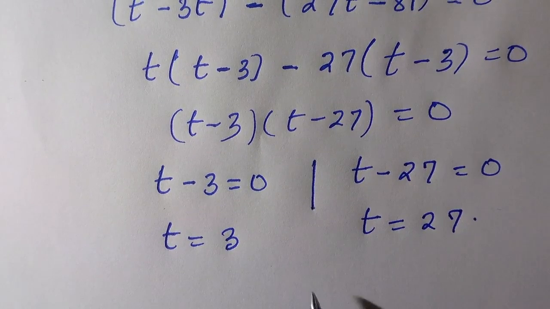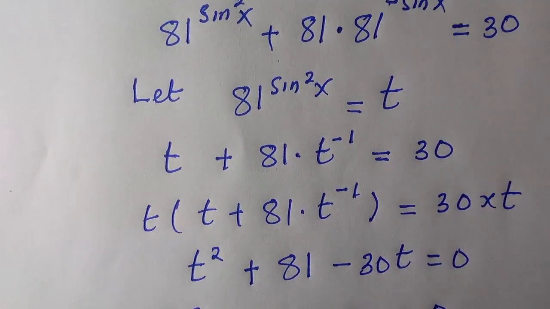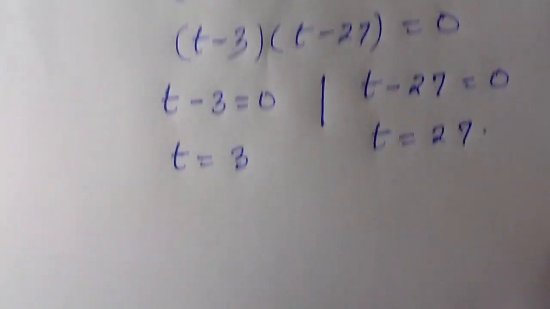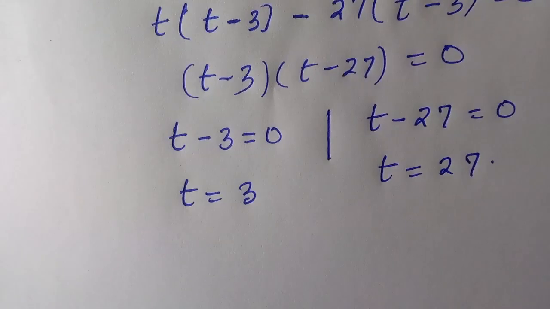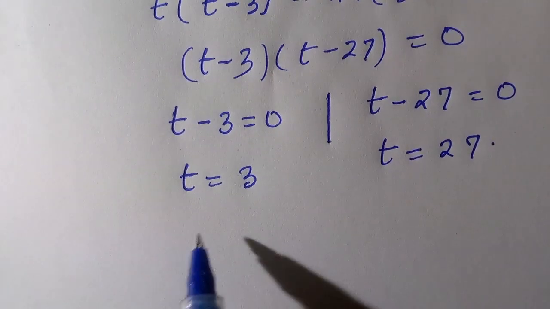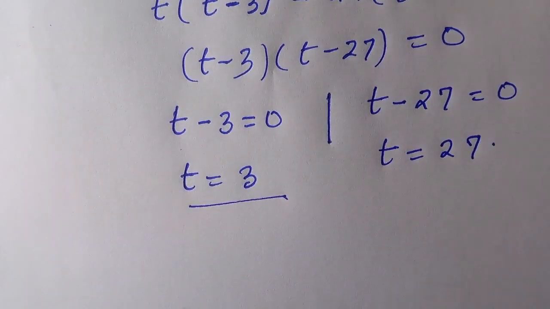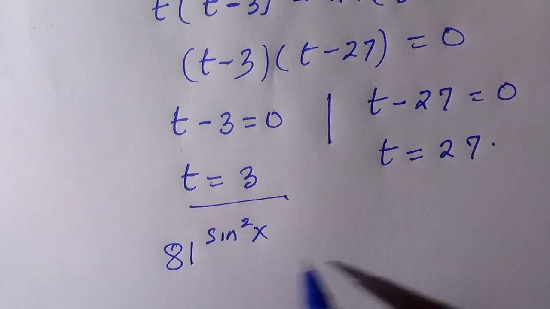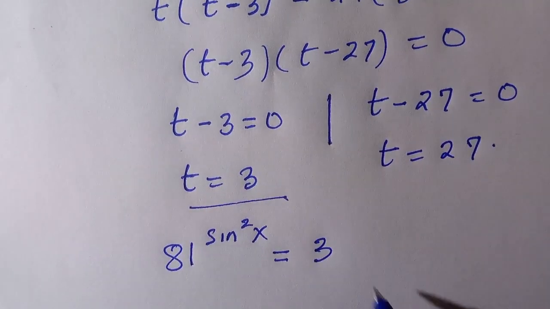But here are not the solutions. We just got this to get the value of x, where we let 81 to the power of sine square x equals t. So we are just going to replace the value of t with these two values. Let's say at t equals 3, we have 81 raised to the power of sine square x equals 3.